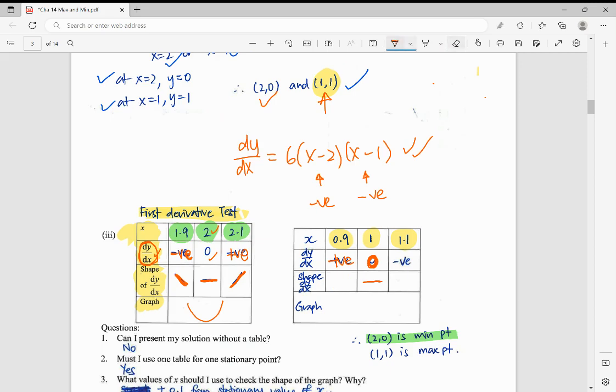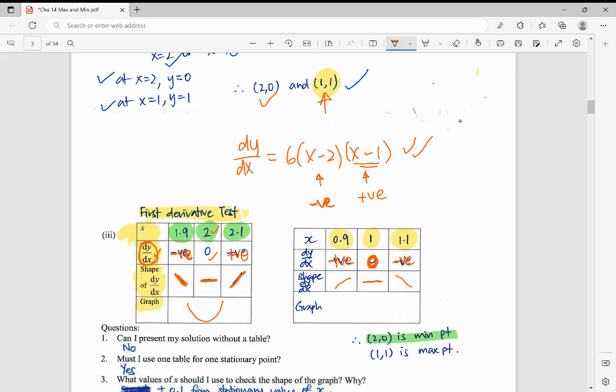Do the same thing for 1.1. At 1.1, this value will be negative, and this value here, when x is 1.1, will be positive. So negative times positive will give me a negative answer, and a negative gradient will slope downwards.